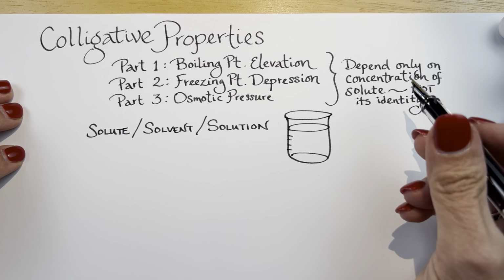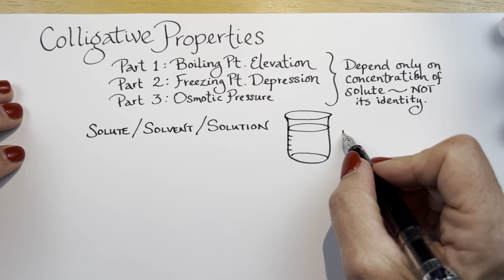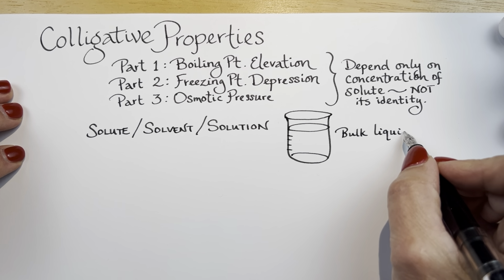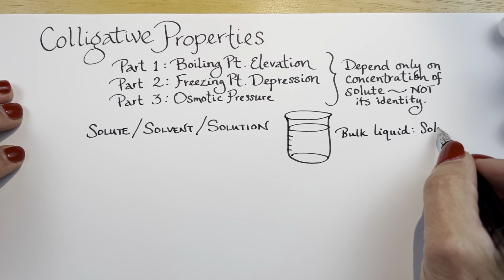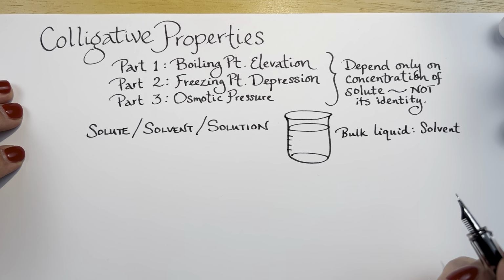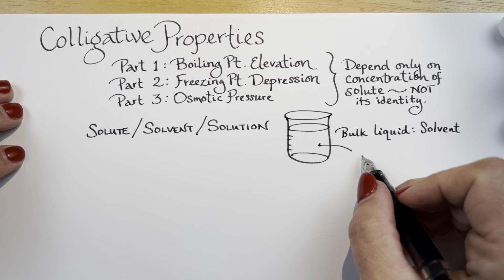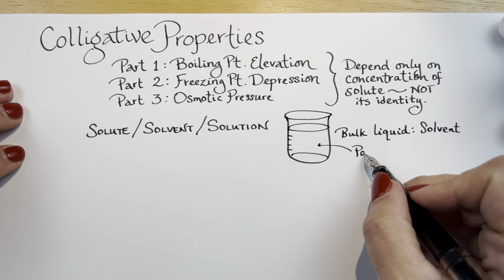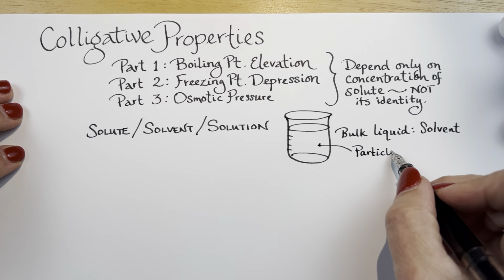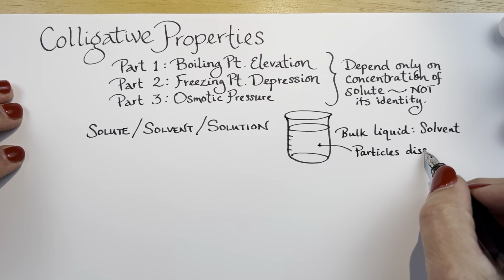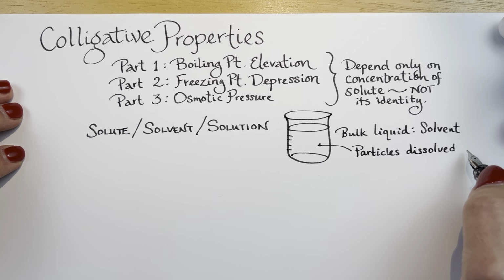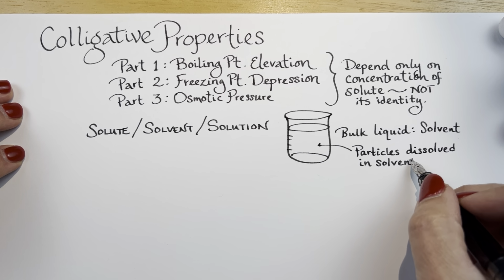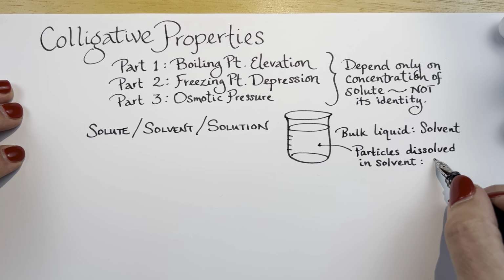Okay. So the bulk liquid, this is our solvent, right? Okay. The particles, which are usually invisible, cannot see them with a naked eye, those particles that are dissolved in solvent, that's our solute.